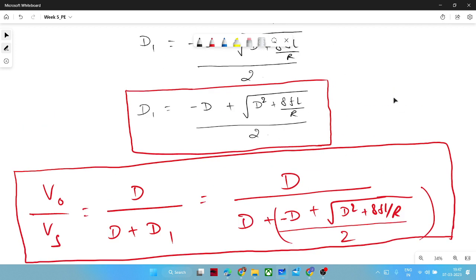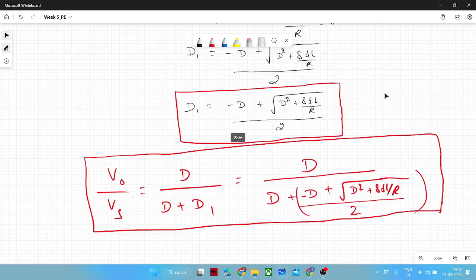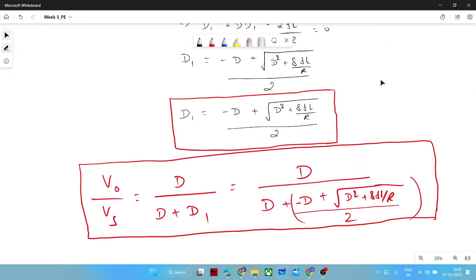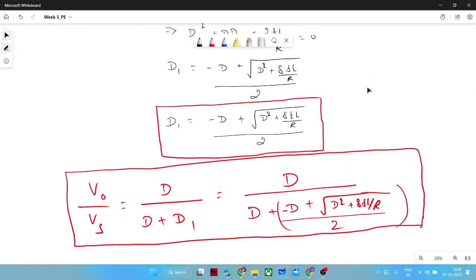So I hope you understood the concept of discontinuous conduction mode for the buck converter. In the next session, we will start the boost converter and buck-boost converter, and see the discontinuous conduction mode for them as well, and further we can solve certain problems.